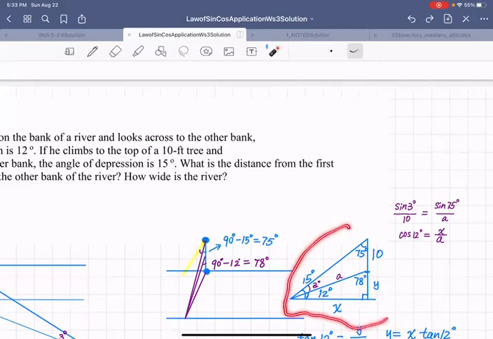To solve this triangle, you want to manipulate it with the definition of tangent. Tangent of 15 equals this side over this side. Tangent of 12 equals this side over this side. Okay. Let me see if there are students who can solve this one.